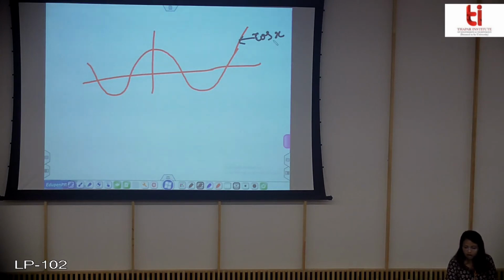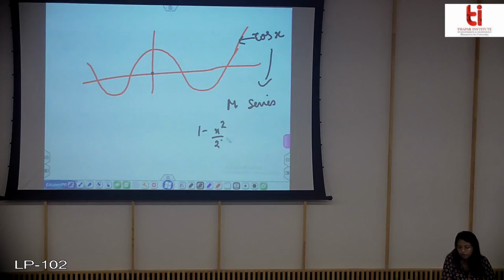Now you can easily find that if I find the Maclaurin series of cos x around 0, I'll get 1 minus x square by 2 factorial plus x to the power 4 by 4 factorial and so on.